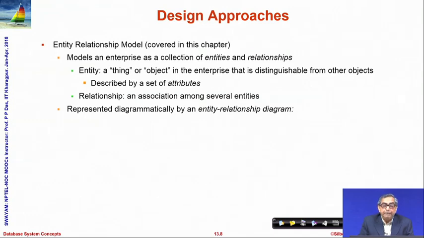So, if I say that student is an entity, then a student is distinguishable from another entity course. Both of them are distinguishable from a third entity instructor and so on. Every entity, for the purpose of distinction, is described by a set of attributes or properties, and these entities will have relations between them.